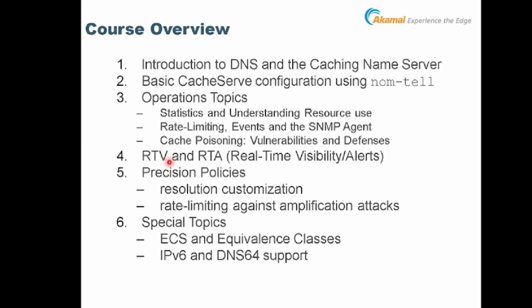And we also can spend some time with the auth monitoring object, which is a way of capturing traffic. Instead of from the clients, we can capture traffic between CacheServe and the authoritative servers, which is a very useful mechanism for debugging problems with resolution. So we'll look at that.